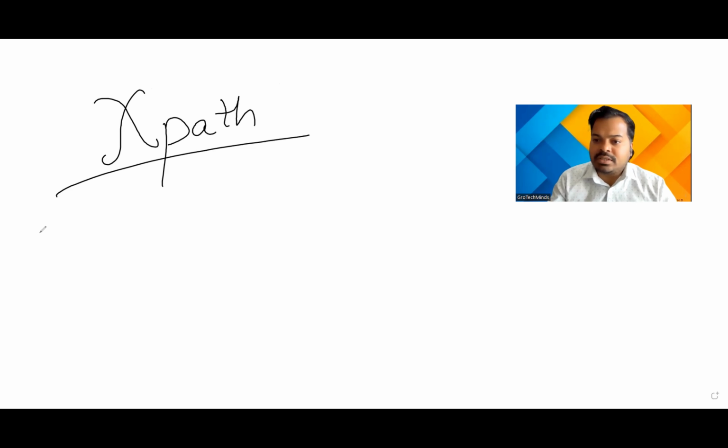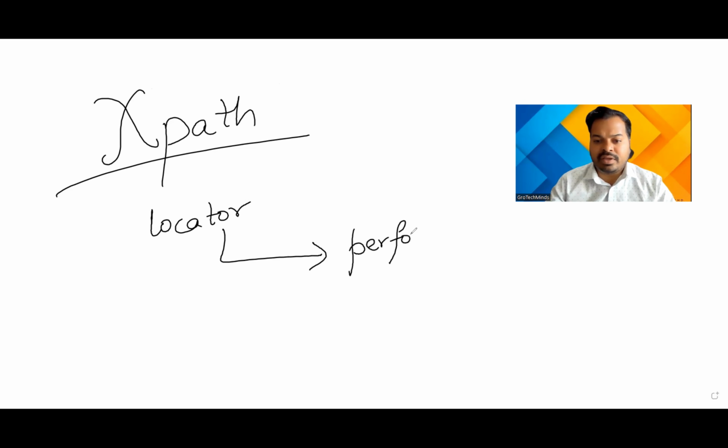XPath is a new concept. Yes, XPath is also one of the locators that you have, with the help of which you will be able to locate the element and then later you will be able to perform action. Absolutely, yes. So XPath is another locator. You will be able to perform action on it, right? But why is the name XPath and what is it going to do?